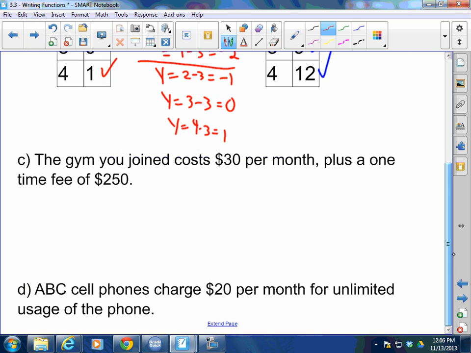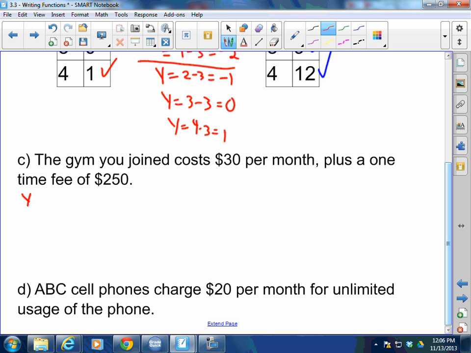Thank you. Okay, how about some word problems? The gym you join costs $30 per month, plus a one-time fee of $250. Sir? Okay, the equation is great, but let's always do this step by step. Thank you, though, my brother.